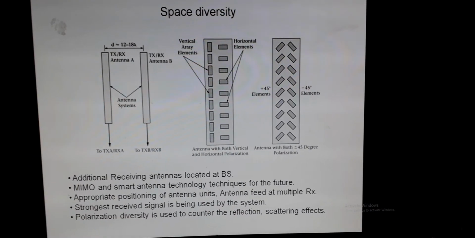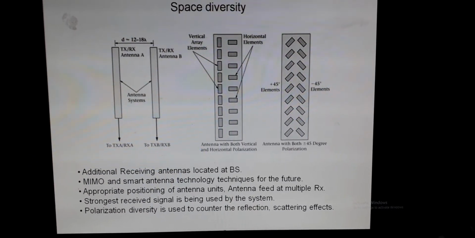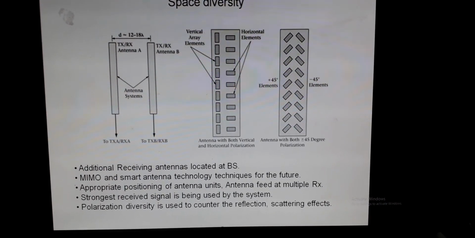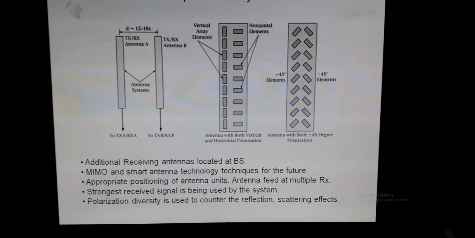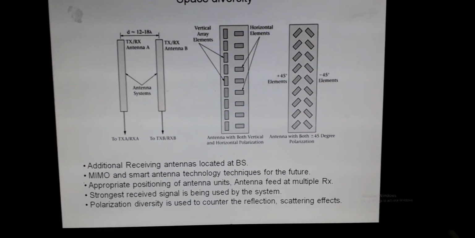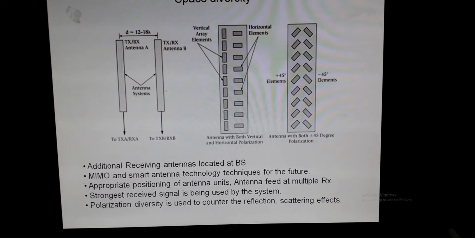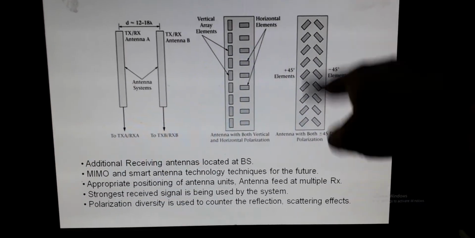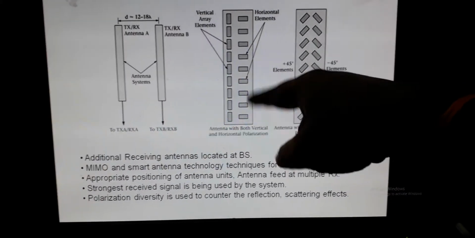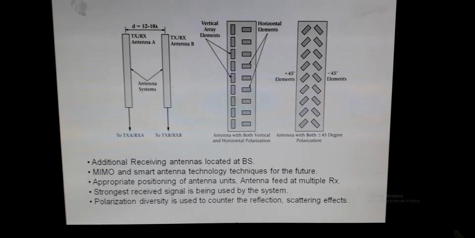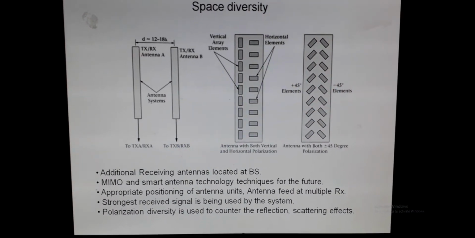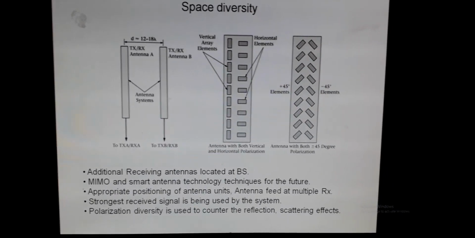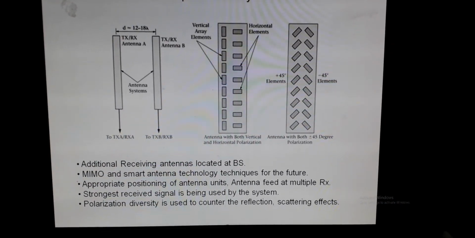Space diversity provides different vertical and horizontal elements that you studied in your antenna technology. Nowadays, MIMO smart antenna technologies are used. Here I am discussing the vertical and horizontal elements here and here. The strongest signal received by the system is used. So this also introduces polarization.